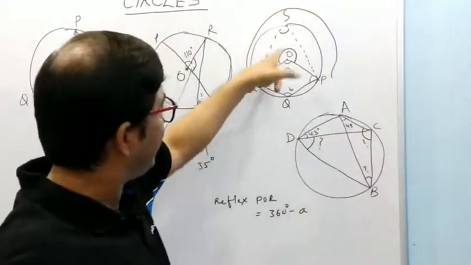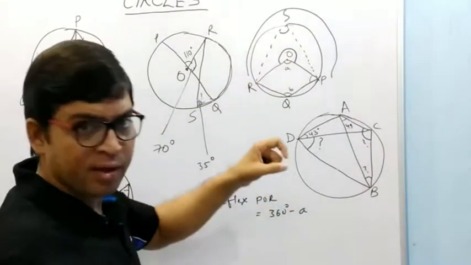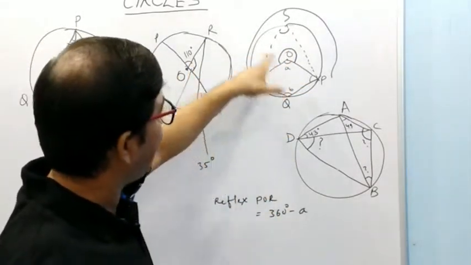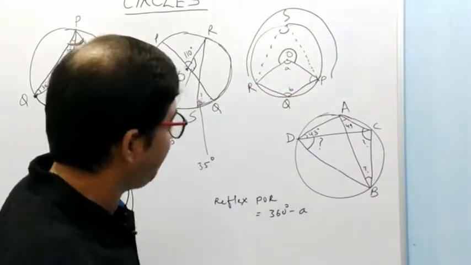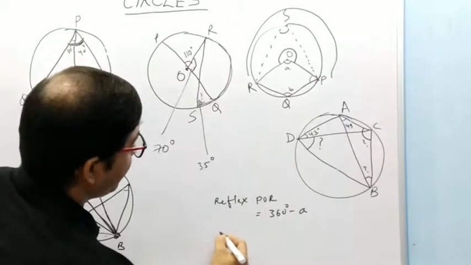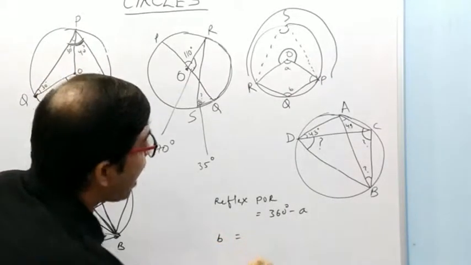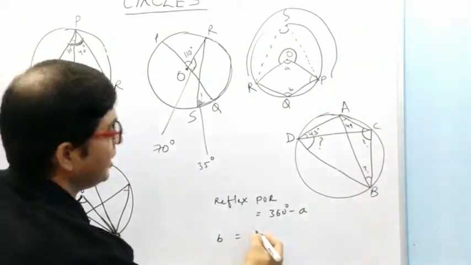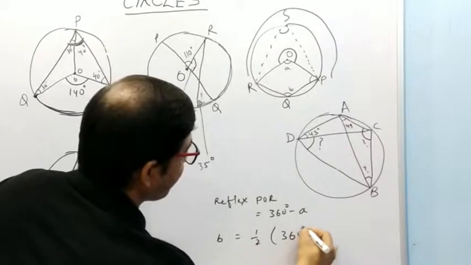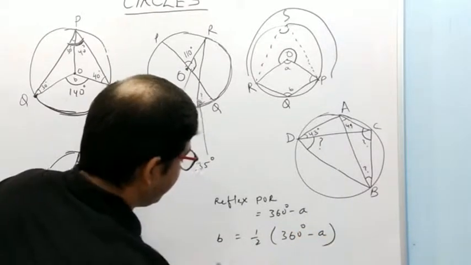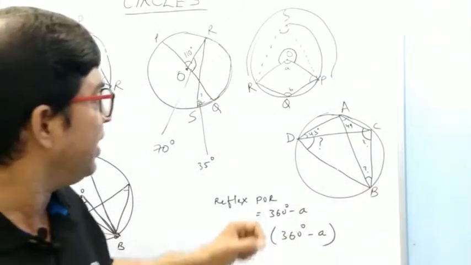So the angle made by this arc at the center is 360 minus A, and the angle made by this arc at the remaining part of the circle is B. So we can write angle B is equal to half the angle made at the center, that is half of 360 degree minus A. So we are getting the relation between A and B very easily.